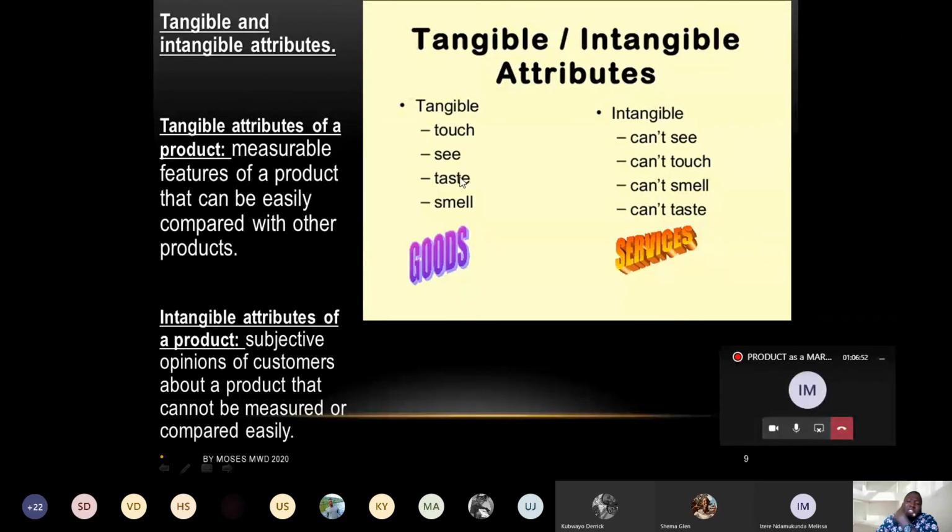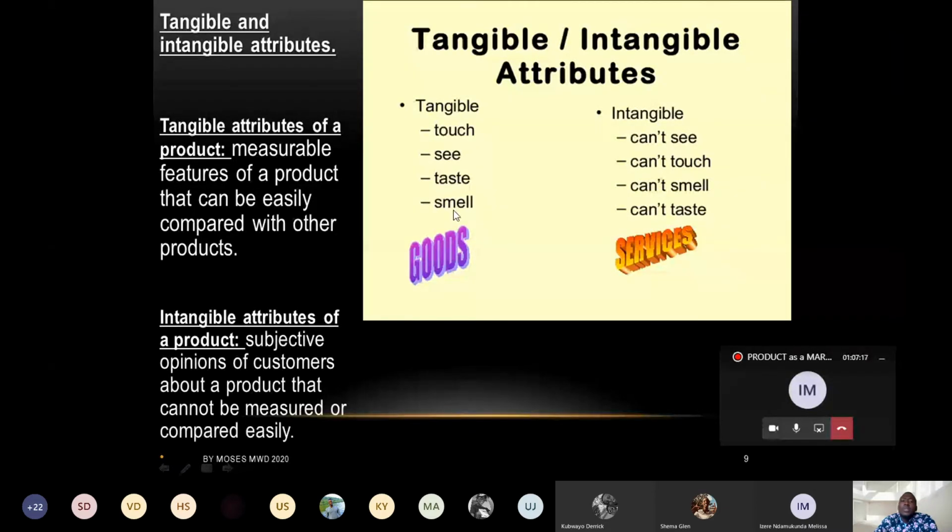Taste, what you can eat: the taste is good, the taste is bad, the smell. So these are the tangible attributes. Tangible are measurable and visible. Intangible, you can't see it, touch it, smell it or taste it. This applies more to services, while tangible applies more to goods.